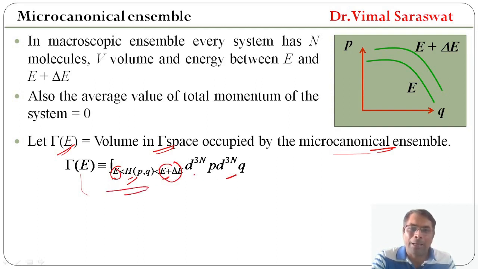This is our Gamma(E), the volume in gamma space occupied by the microcanonical ensemble.